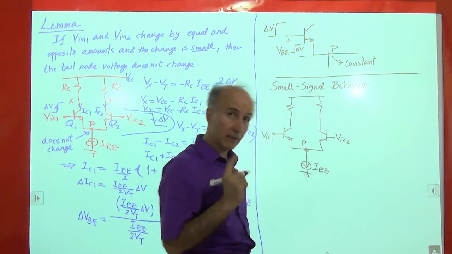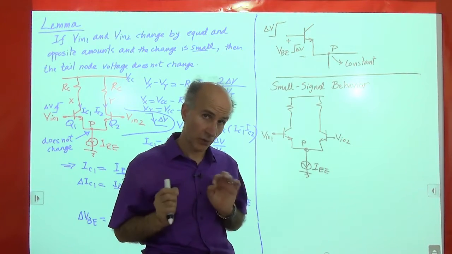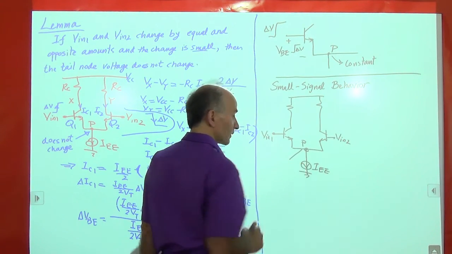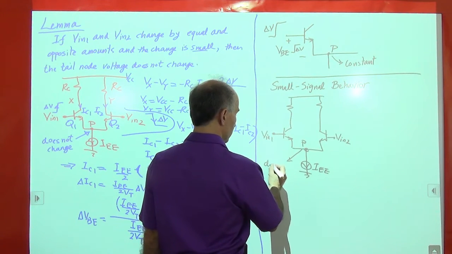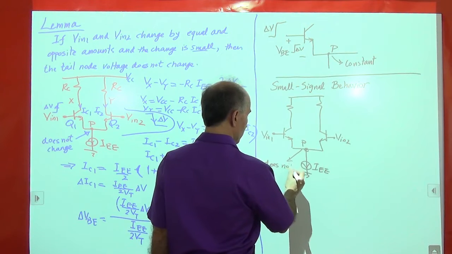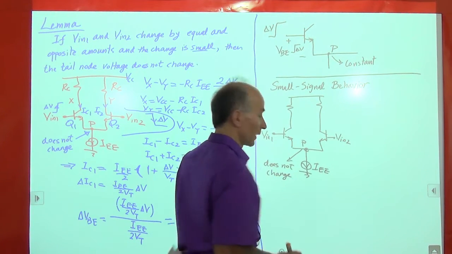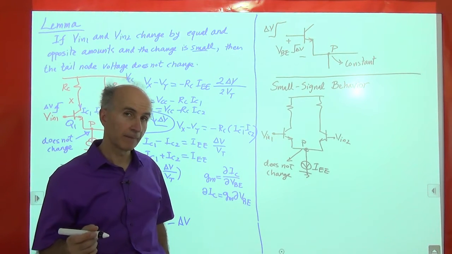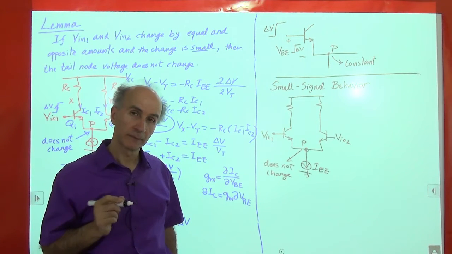And under that condition, when we have a differential change at the input and the differential change is small, we discovered that this node does not change. Okay? So if the voltage at a node does not change with time, what do we call that node in the small signal model?